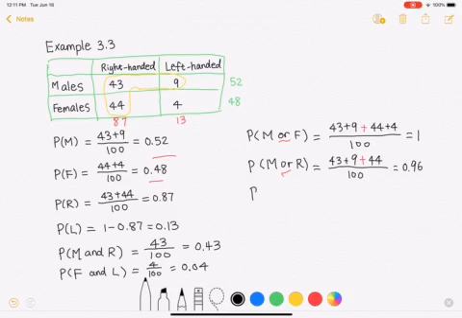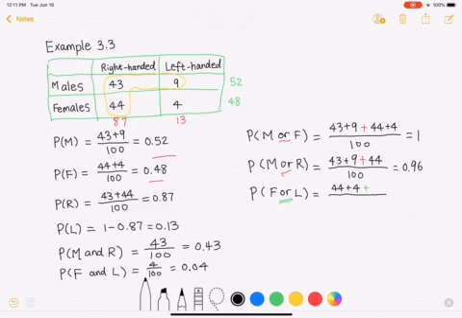Next, find the probability of female or left-handed. Using the same approach, how many are female? We have to add it up: 44 plus 4 female. Then, how many of them are left-handed?